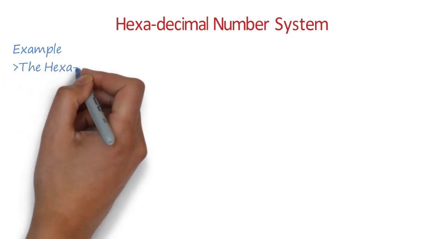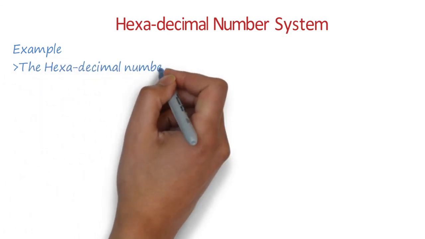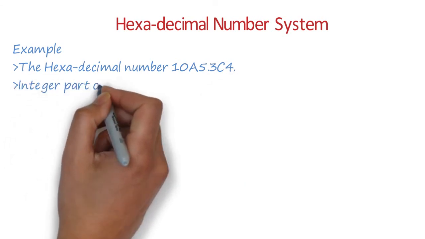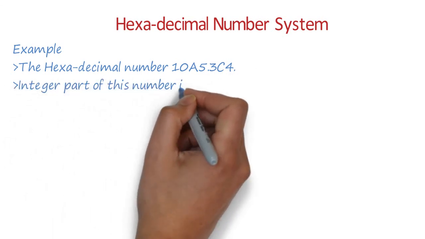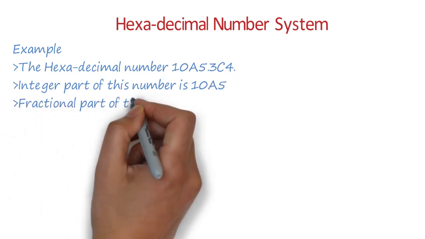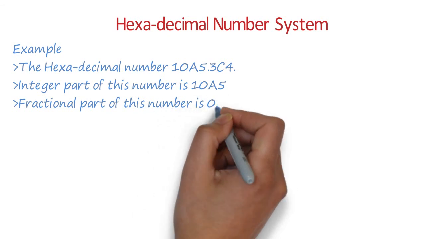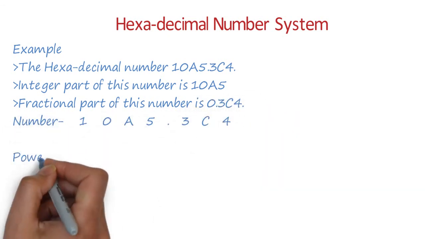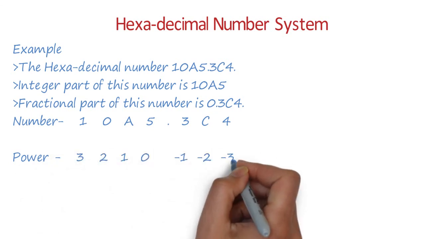Let us take one example of a hexadecimal number, 10A5.3C4. The 10A5 is the integer part of the hexadecimal number and 0.3C4 is the fractional part.